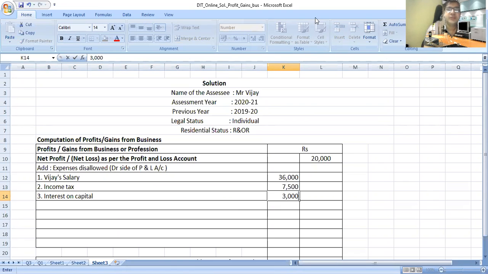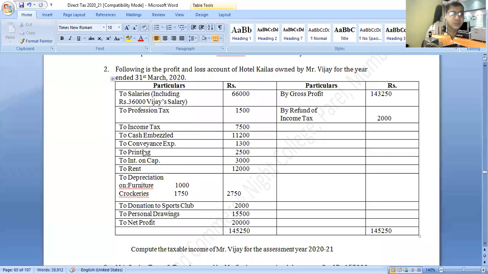Now friends, the next item on the debit side of the profit and loss account, that is rent. Rent is allowable. Depreciation on furniture and crockery is also allowable because crockery and furniture are required in our hotel, and on that they charge depreciation.